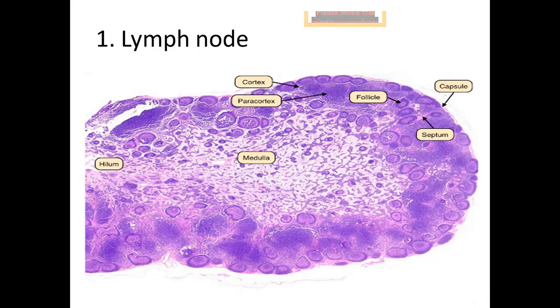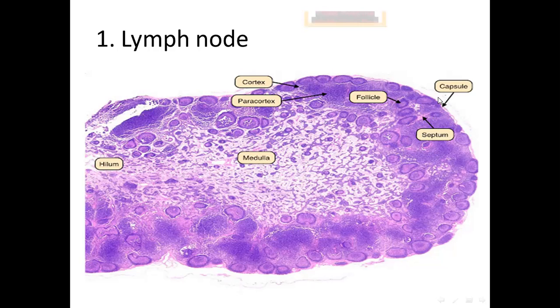Previously we said that the lymph node is one of the components of the lymphoid system surrounded by a capsule. As we see, the capsule, which is a regular collagenous connective tissue capsule, sends in trabeculae or septa.